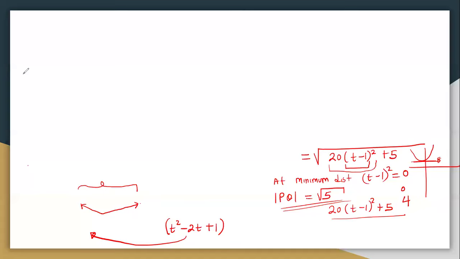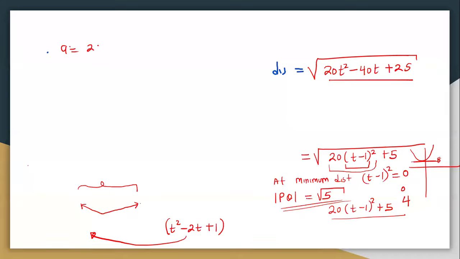The other approach someone could have used, because we had obtained our distance as root of 20t squared minus 40t plus 25, is to say that when you look at this quadratic equation, my a is 20, my b is negative 40, and my c is equal to 25.